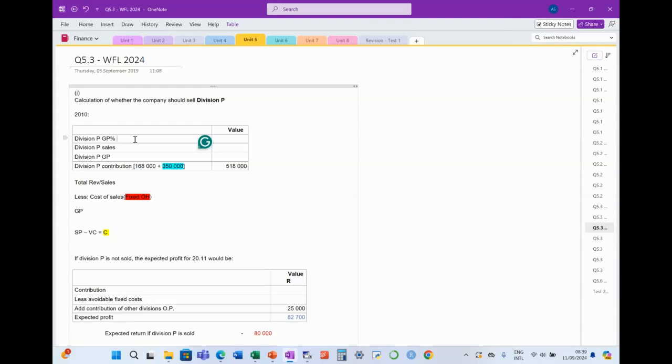Okay, so now this is where we need to begin to use the information that the following information relates to division P. So the first thing they told us is that your gross profit percentage on sales is 40% of the group's. So we don't know the group's gross profit percentage, isn't it? But we do know what gross profit percentage is. It is what? It is 30%.